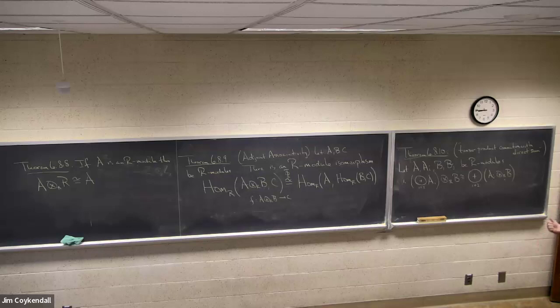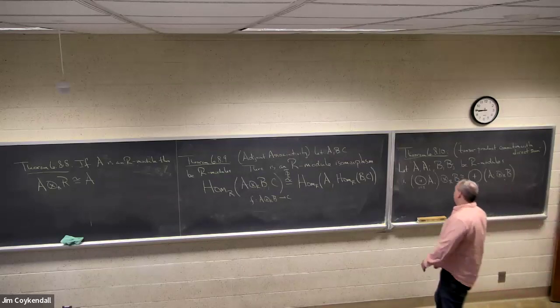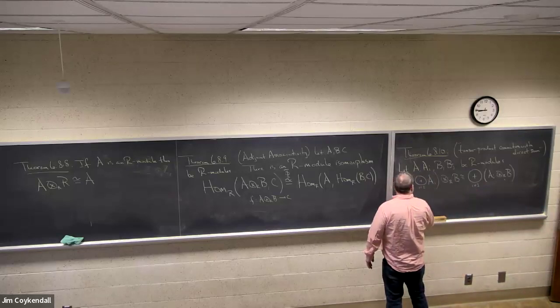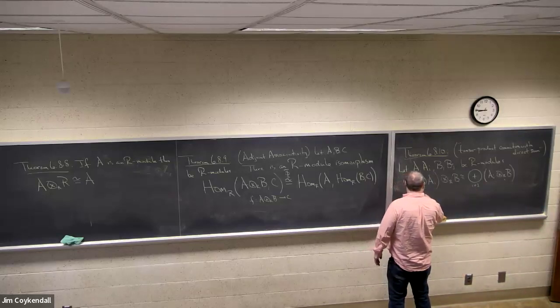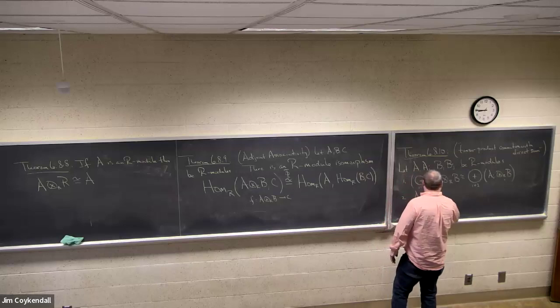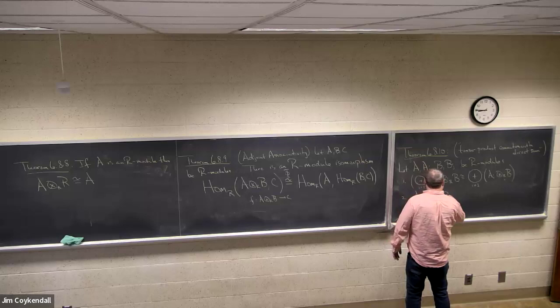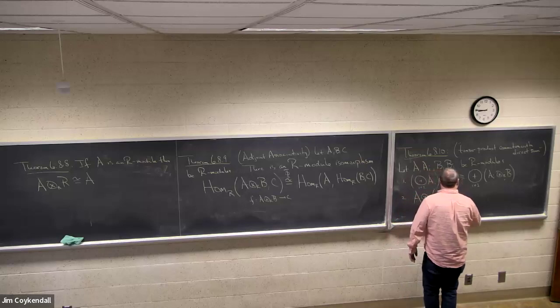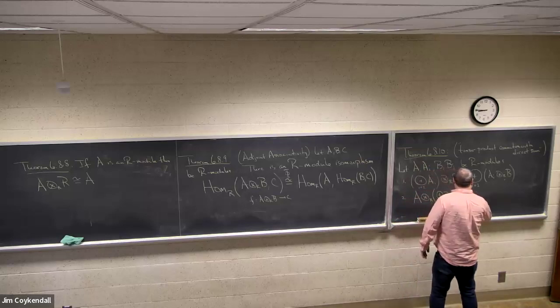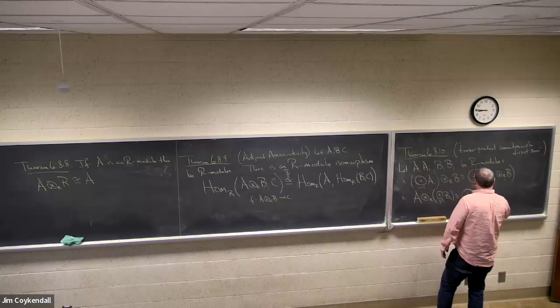So in other words, it just behaves like you would expect, multiplication distributes, right? That's kind of what it is. And two, if you have A tensor with the direct sum over j in J of B_j, this is isomorphic to the direct sum over j in J of A tensor B_j.